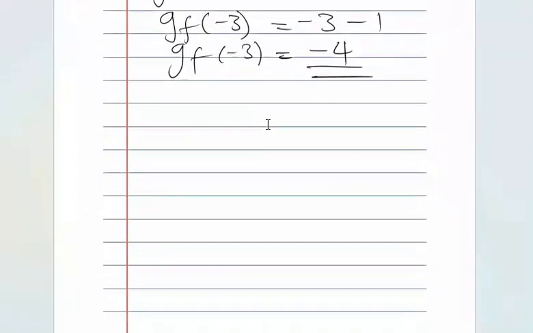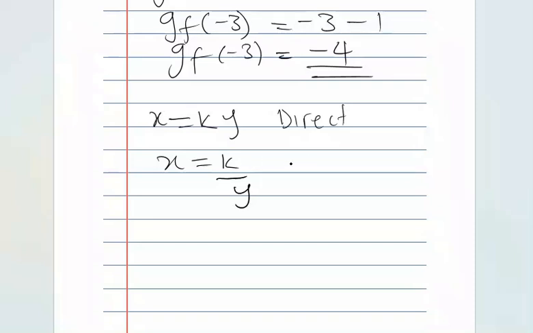A little bit of takeaways. We've discussed variations. I said if x varies in direct proportion, it's the same as x equals k times y, direct proportional to y. If x varies inversely proportional to y, it's k over y, and k is a constant of proportionality.